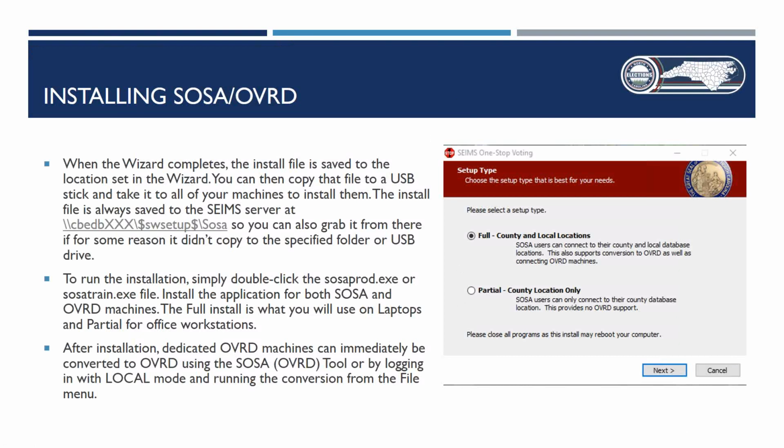So you wouldn't be able to do anything local or hybrid because it doesn't create the local database with a partial install. If you're going to be using OVRD after you've installed SOSA, you can immediately convert those dedicated OVRD machines using the tool, or you can just log into local mode and run the conversion.